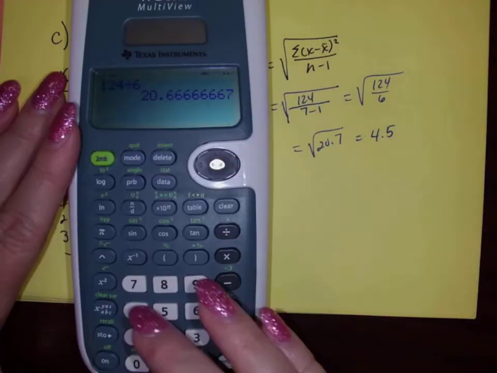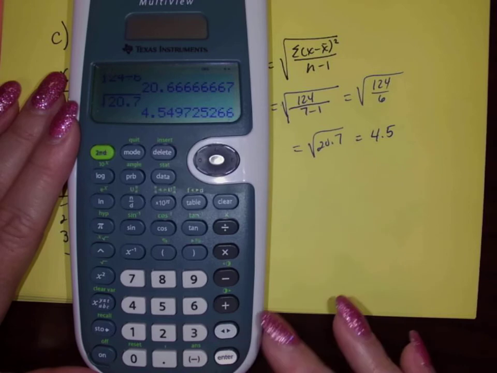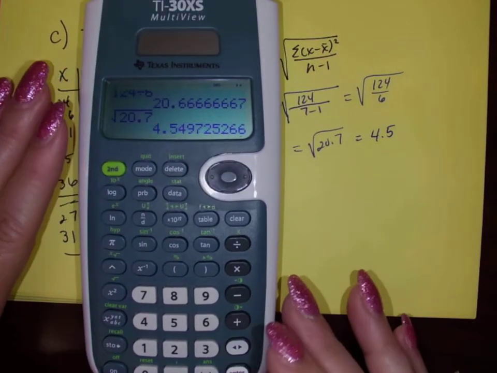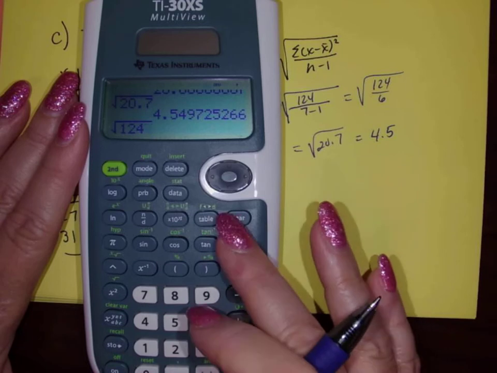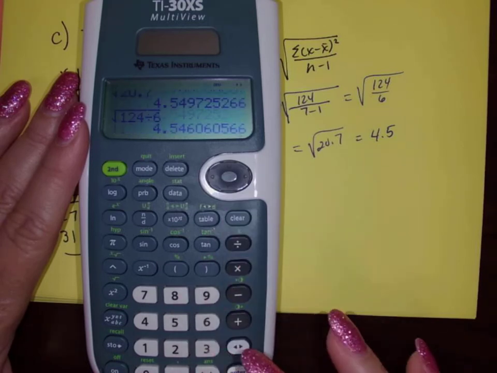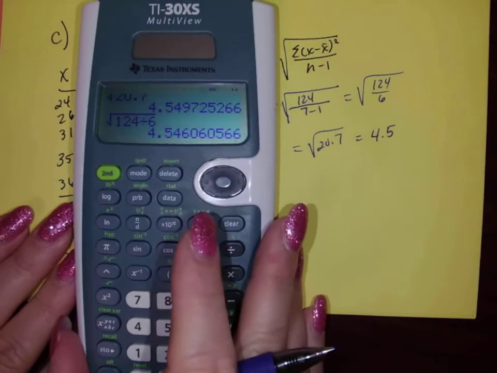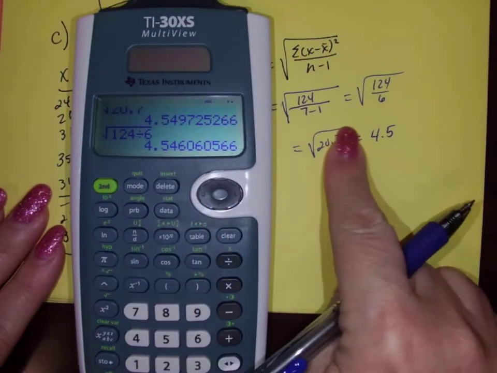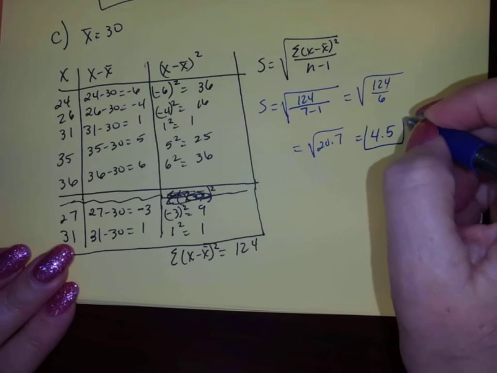If I take the square root of 20.7, I get 4.5. If I take the square root of 124 divided by 6, I get 4.5. So it's close enough that it's not going to make an issue, but do be wary of rounding too soon. All right, so 4.5 will be our standard deviation.